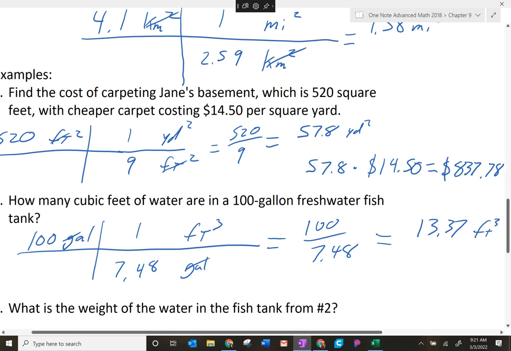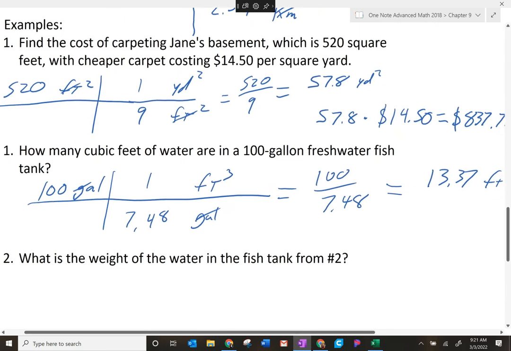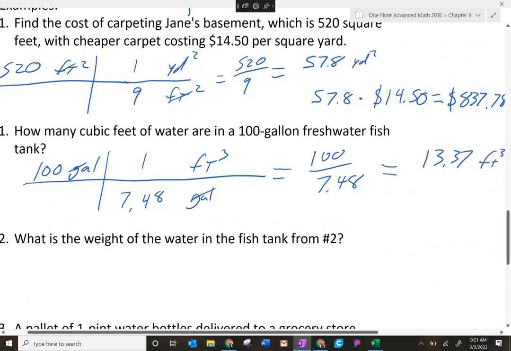All right, then for all you people who like the fish, we're going to try to figure out how heavy that tank actually is. You can either look at it from the terms of how many gallons, or from terms of how many cubic feet. We've got the freshwater conversion rate of how many cubic feet equals 62.5 pounds for freshwater.